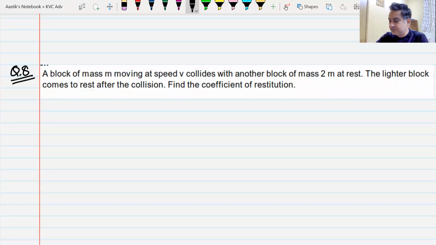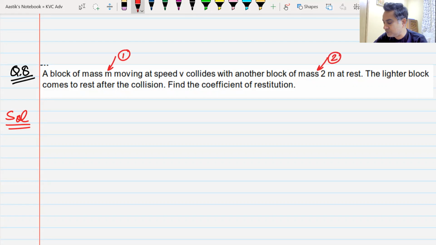So my time has come, or are you still trying? I will call this block as block 1 and this block as block 2. Block 1 has a mass m, velocity v. Block 2 has a mass 2m, it is at rest. The lighter block comes to rest.